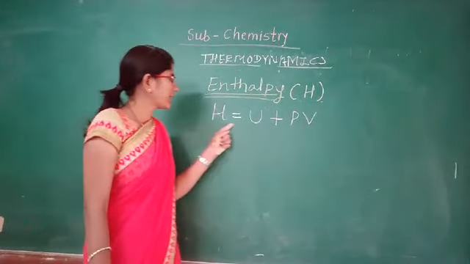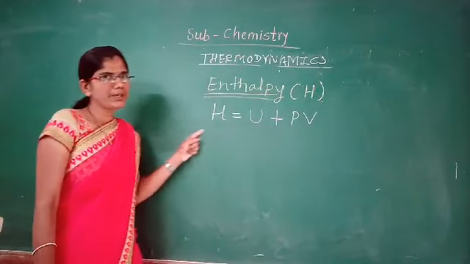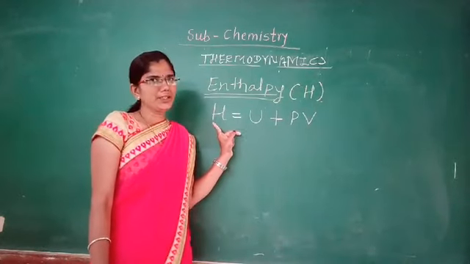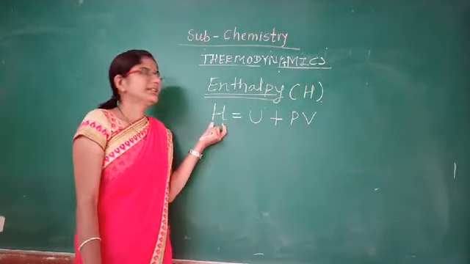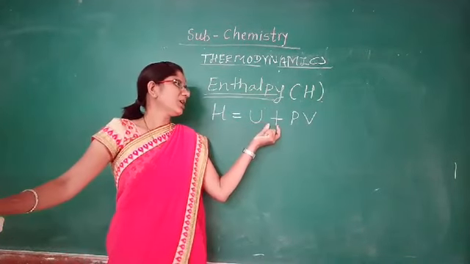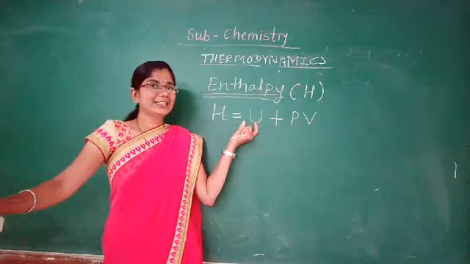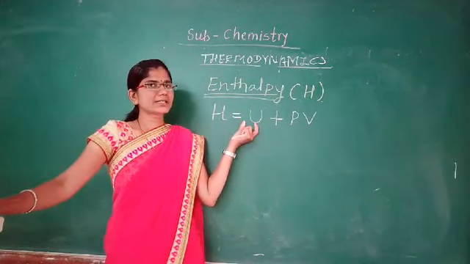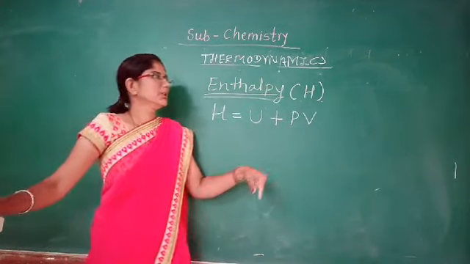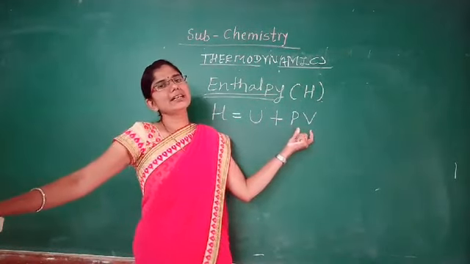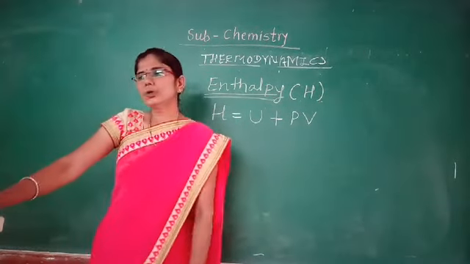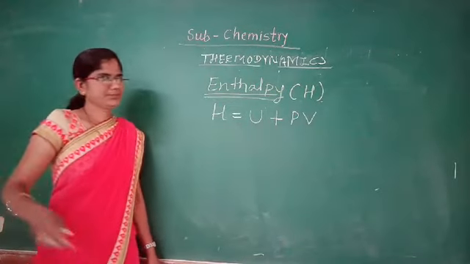This is the expression of enthalpy. Enthalpy is denoted by the letter H, and it is the sum of internal energy U of the system and the energy arising due to its pressure and volume, and therefore H is equal to U plus PV.